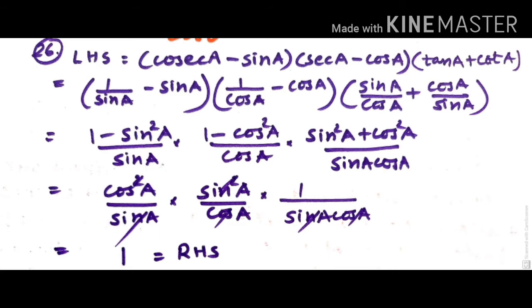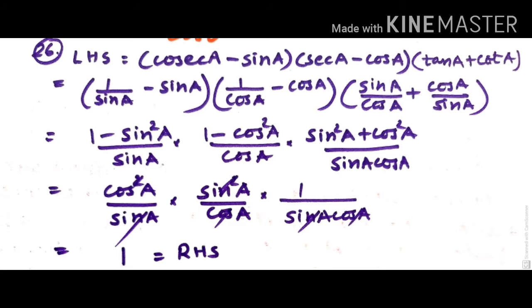So cosec is 1 by sin A in the first bracket, minus sin A. In the second bracket, sec A means 1 by cos A, minus cos A. In the third bracket, tan A means sin A upon cos A, and cot A means cos A upon sin A. So we have converted all of them into sine and cos.